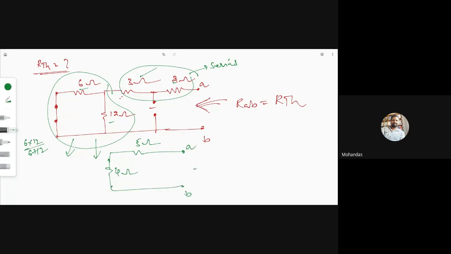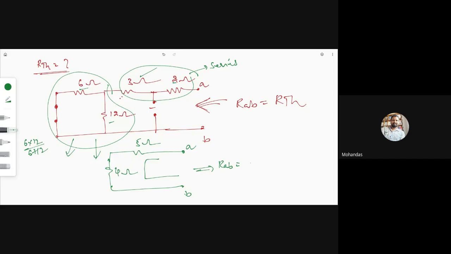Now, what is the RAB value here? Tell me how this 5 ohm and 4 ohm are connected. Series. Yeah, very good.